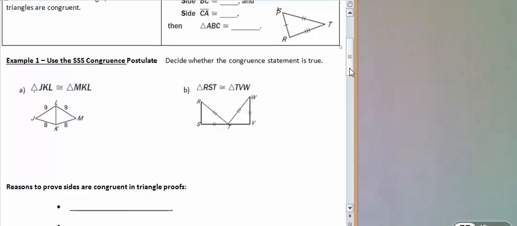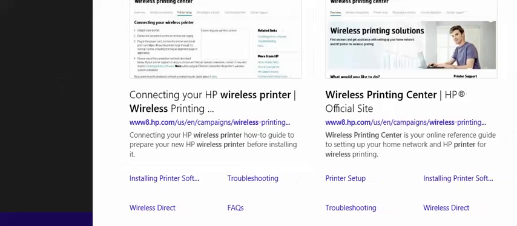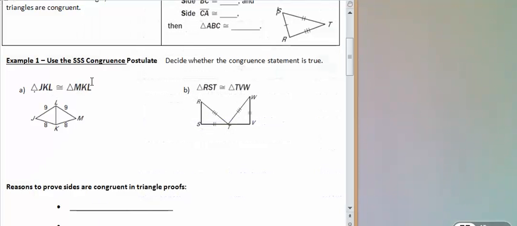Okay, so the first example there, example 1a, says to decide whether the congruent statement is true. Is triangle JKL actually congruent to triangle MKL? So you'll notice we have the 9 matching up with the 9, the 8 matching up with the 8, but yet there's no markings for what LK is.